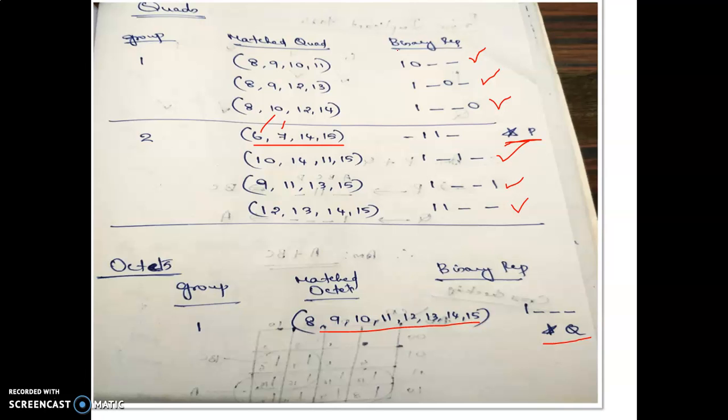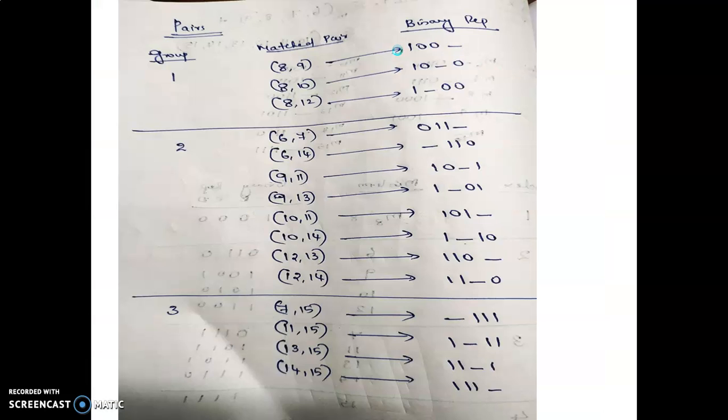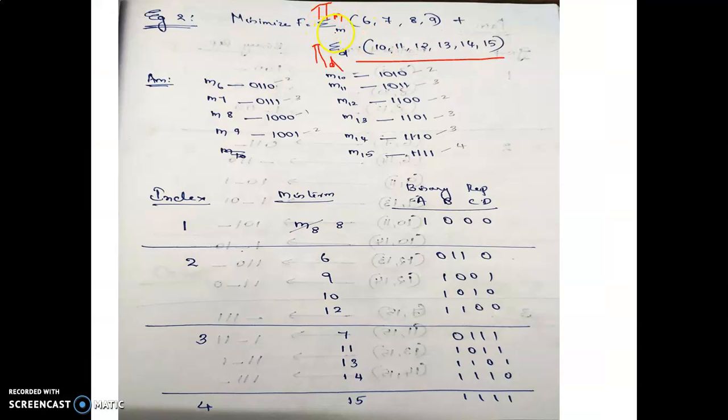Okay, suppose the question was like this, as I told you in the previous video. The question was given as sigma M 6, 7, 8, 9 plus sigma D 10, 11, 12, 13, 14, 15, and you are asked to find out the POS value. Okay, question is sigma, but you are asked to perform POS. Then what you have to do?